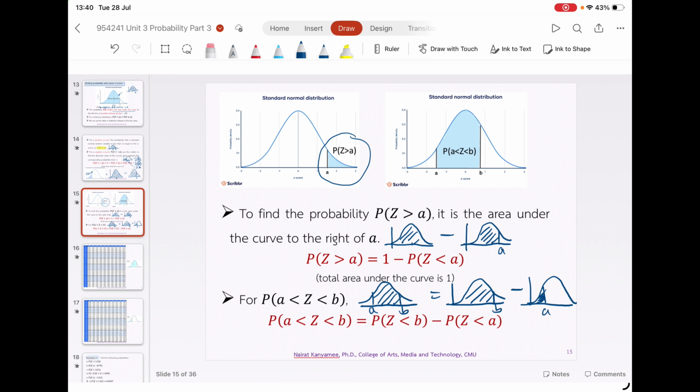So you set that up and then you subtract a out, the shaded area up to a, and then you will get the probability of z from a to b. Okay, so you set this up. All right.